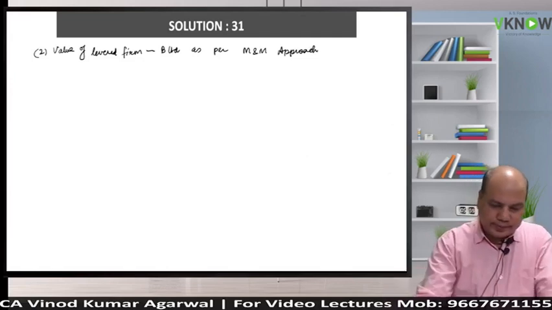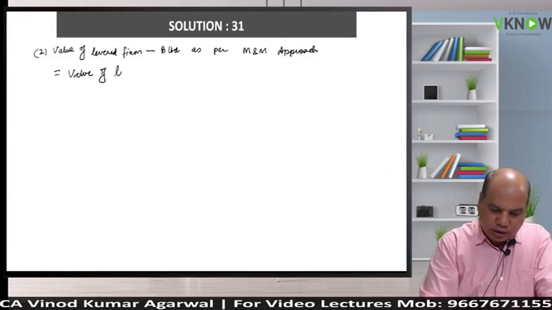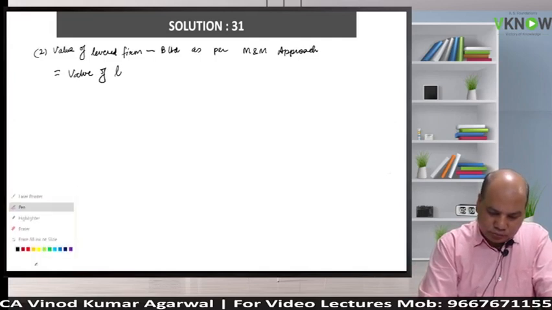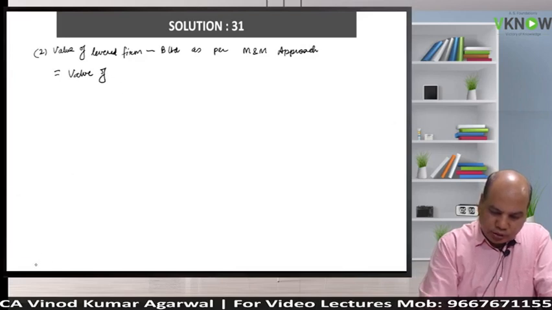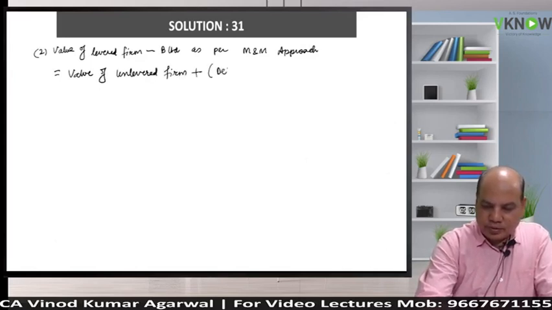Okay. So write down, value of levered firm is equal to value of unlevered firm plus debt into tax rate.